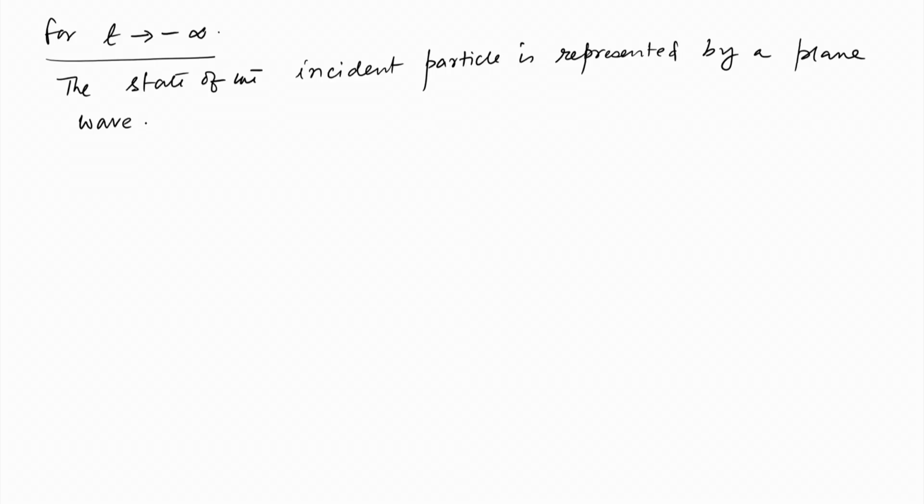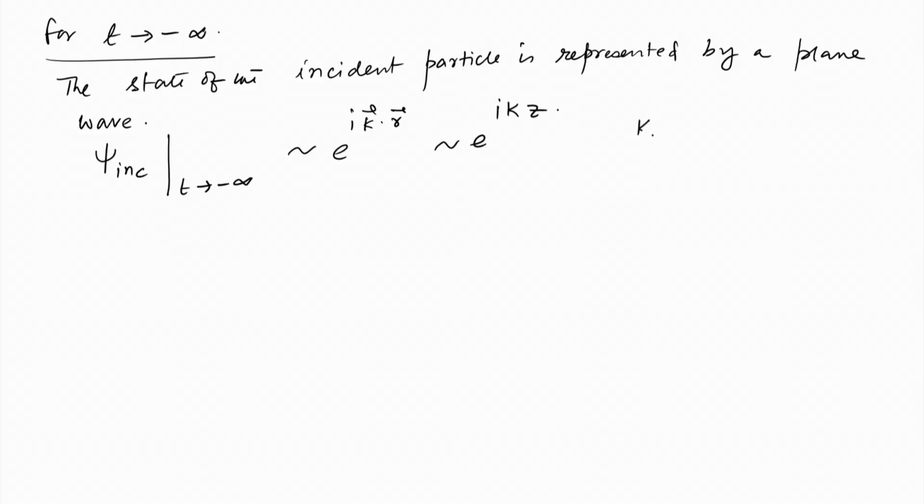So, we are thinking that psi incident at t going to minus infinity is like exponential i k dot r, and since the incident direction was taken as the z direction in the last schematic diagram that we have shown, this can be written as exponential i k z, where k is given by the square root of 2 mu E by h cross squared, mu being the effective mass of the two particles.